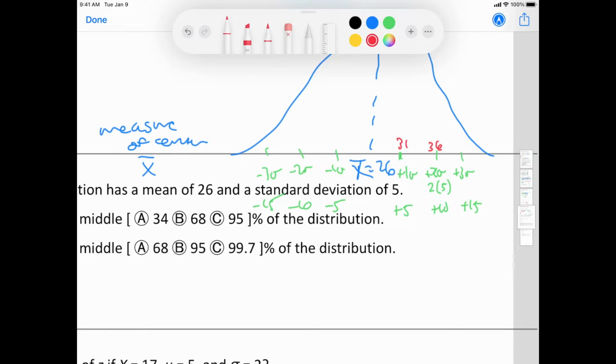And then 26 plus 15 gives me 41. And then 26 minus 5 is 21. Minus 10 from 26 gives you 16. And then minus 15 from 26 would give you 11. So if you recognize that the red numbers are essentially just counting by 5, which is the standard deviation. Okay?